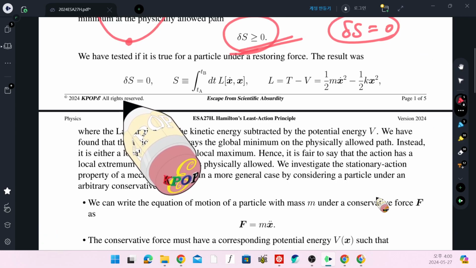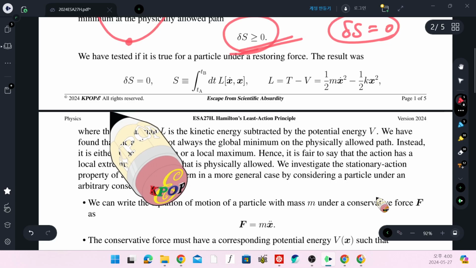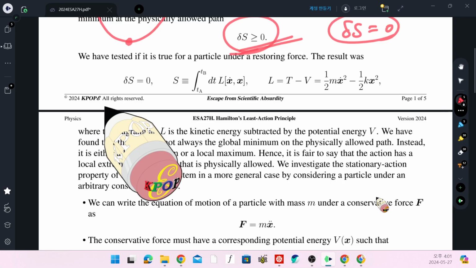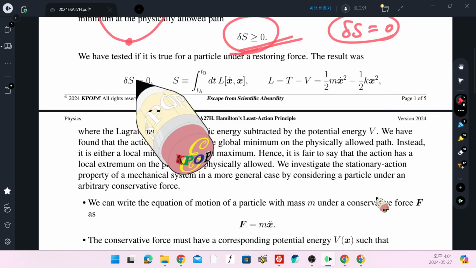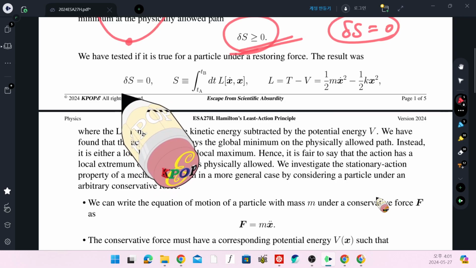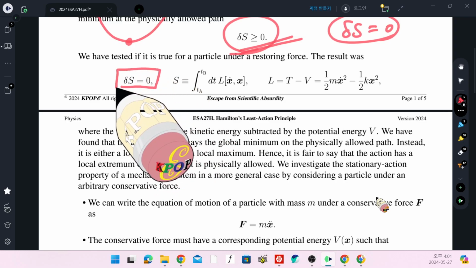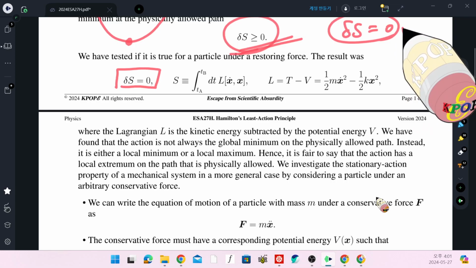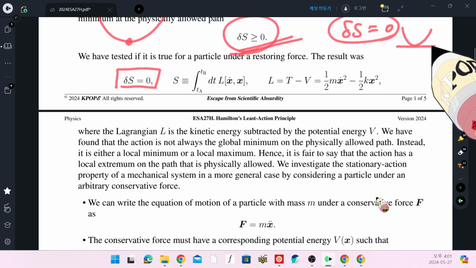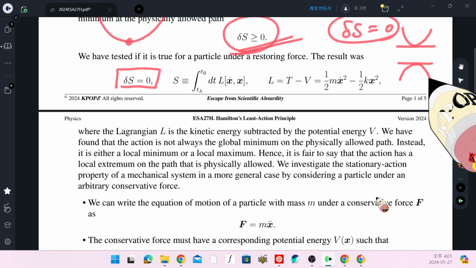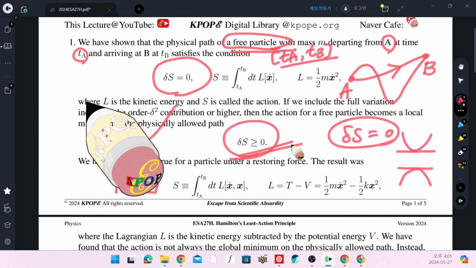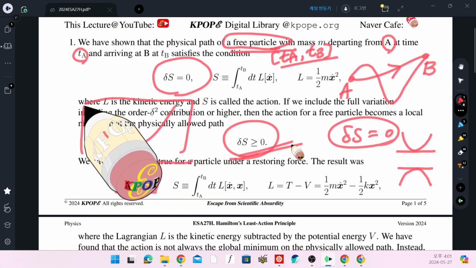In a simple harmonic oscillator, along the physical path, if we deviate the path from the physical path, at leading order in delta, it was 0. That means it is either minimum or maximum. In the case of a free particle, we have proved that the minimum is true.